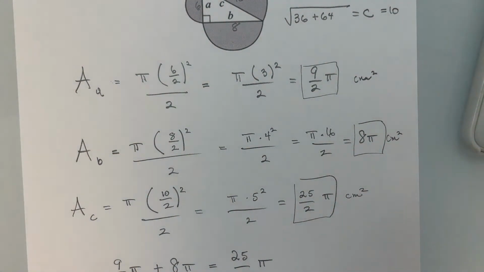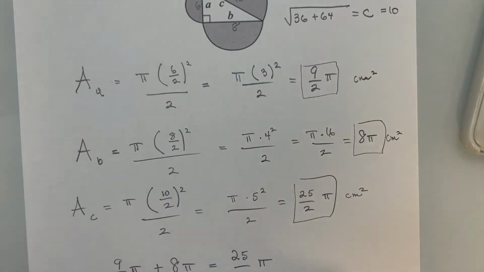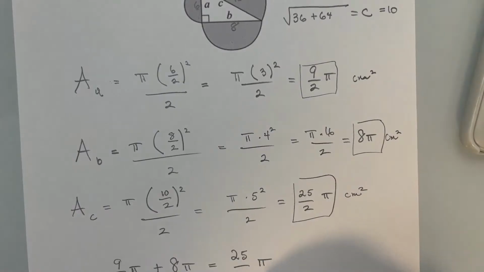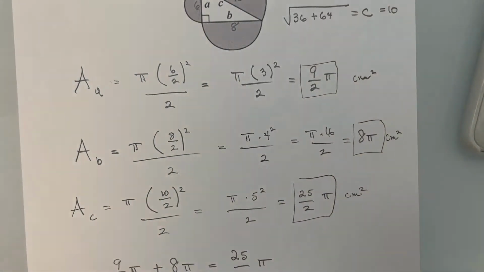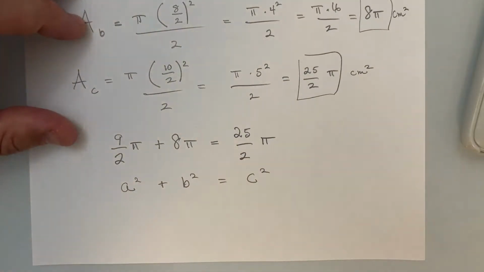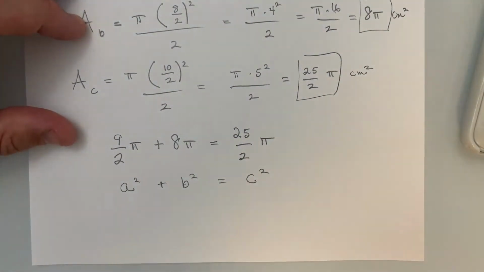So this is like our a squared plus b squared equals c squared. So they are related by the Pythagorean theorem.